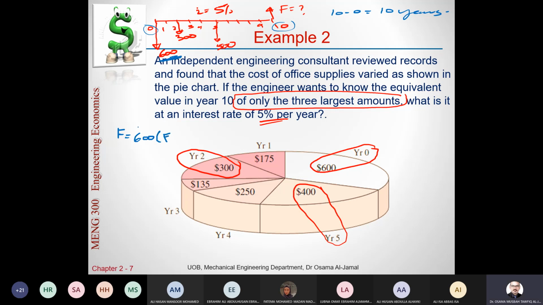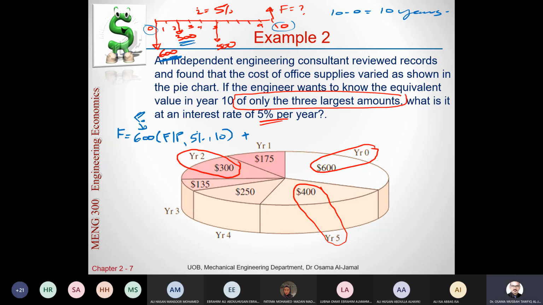We want to find the F, given P. Notice this P is at time 0, it doesn't matter, I'm not going to put 0 here. What is the i? 5%. Over how many periods? 10 periods. Plus, if you put negative here, that one will be subtracting, minus.